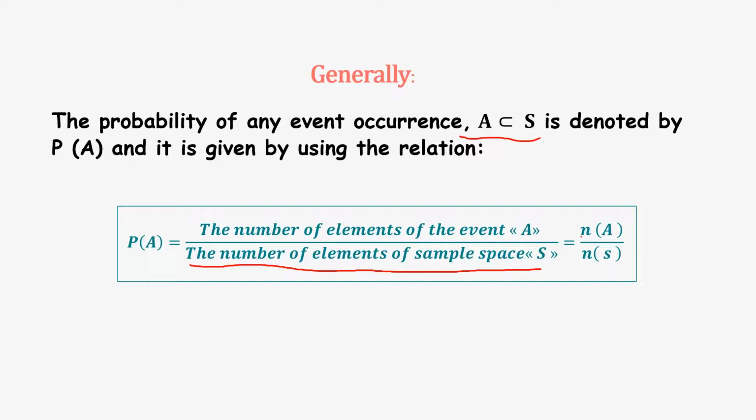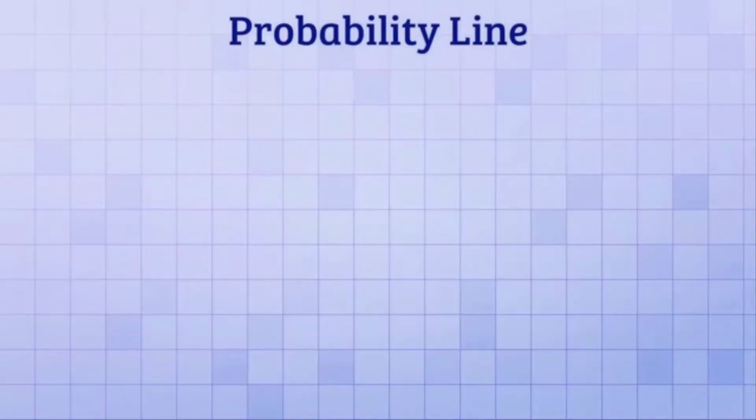So the number of elements of the event A over the number of elements of the sample space equals the probability of any event. Now you should know that the probability of any event lies between 0 and 1, not less than 0 or bigger than 1.